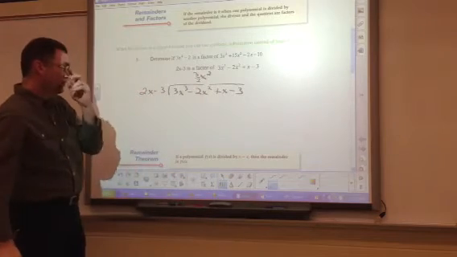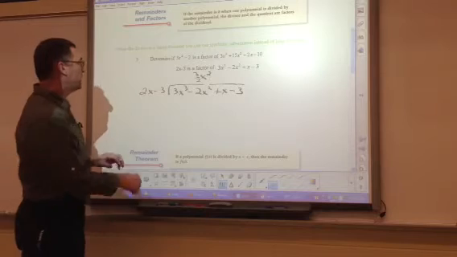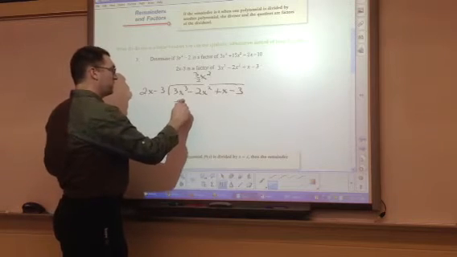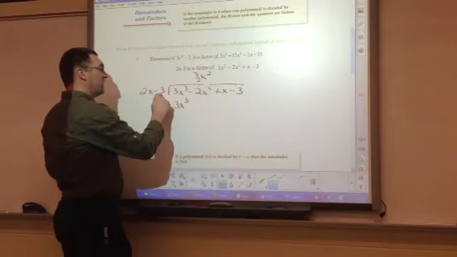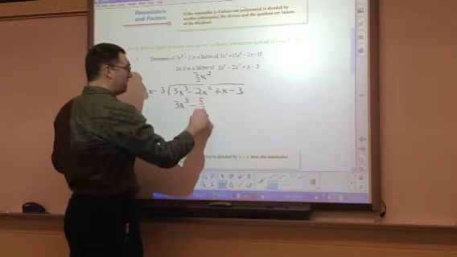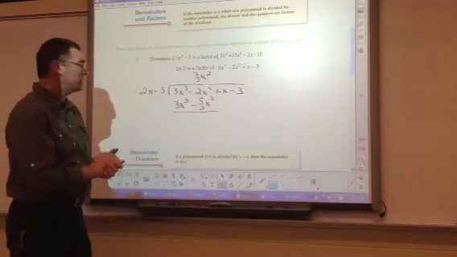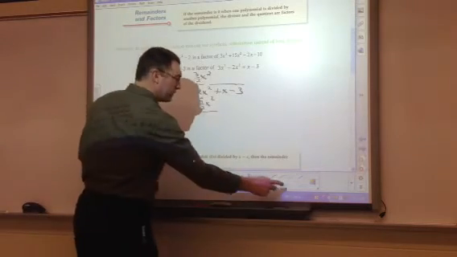So we're going to end up working with some fractions here. 3 halves x squared times 2x is 3x cubed, and 3 halves times 3 is negative 9 halves x squared. Not a big deal, we can do that.